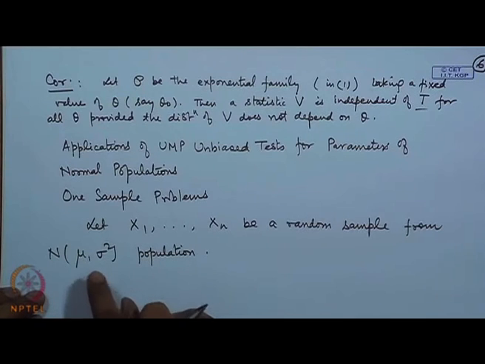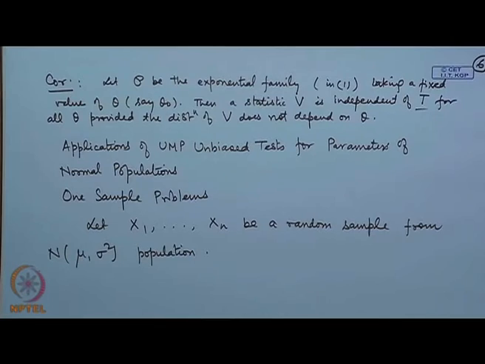In practice, when we discuss certain population, it is unlikely that one of the parameters may be known. So, the general situation is both the parameters may be unknown, and in this case we will show that when we test for the mean and when we test for the variance, we are in general able to derive UMP unbiased tests for all 4 types of hypotheses, that is H 1, H 2, H 3 and H 4.